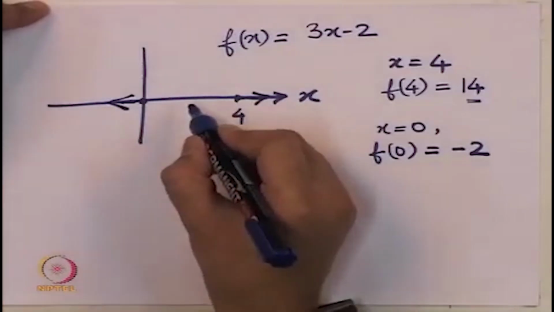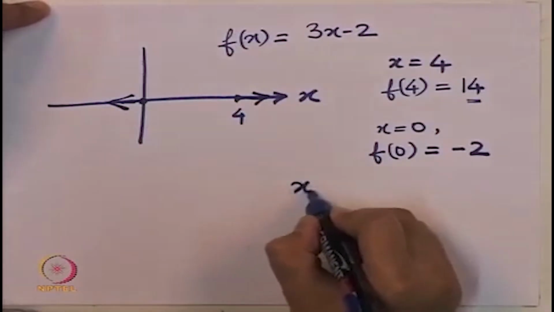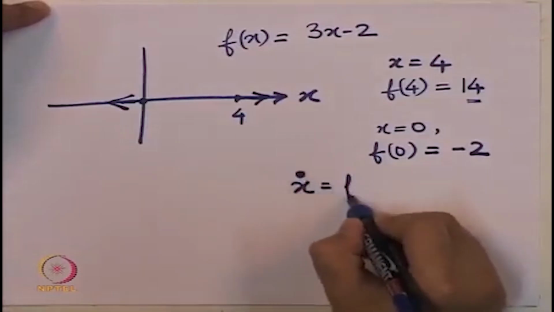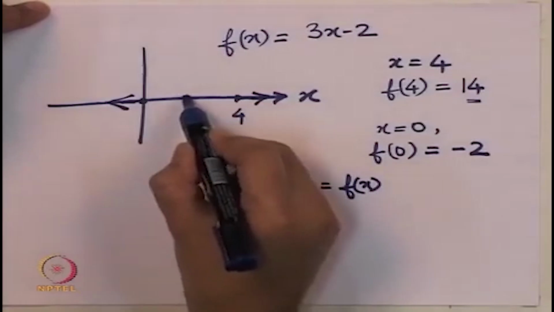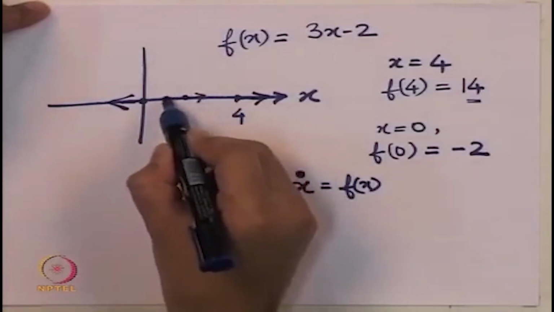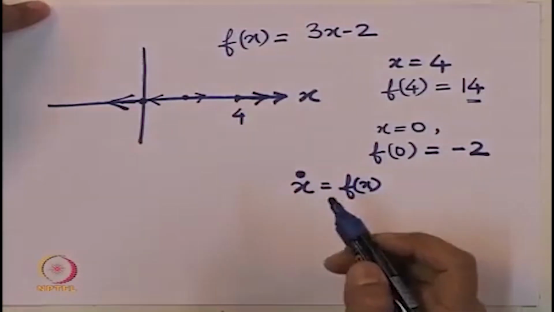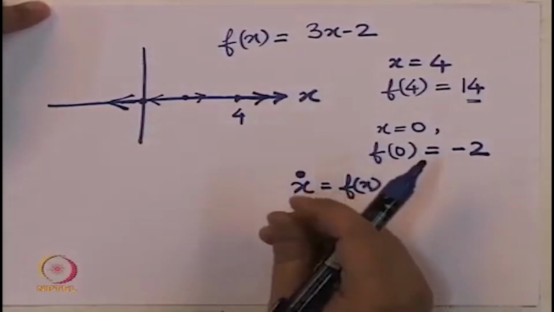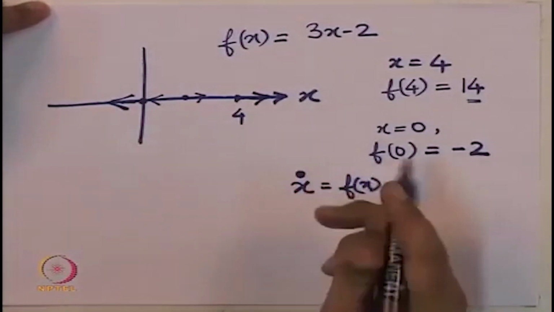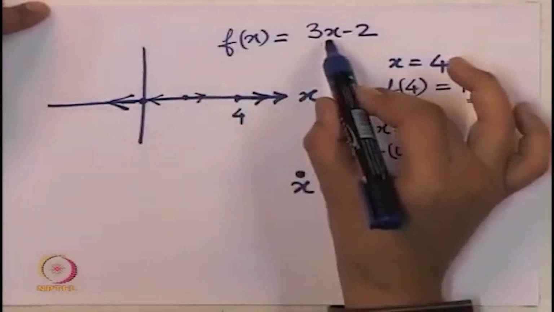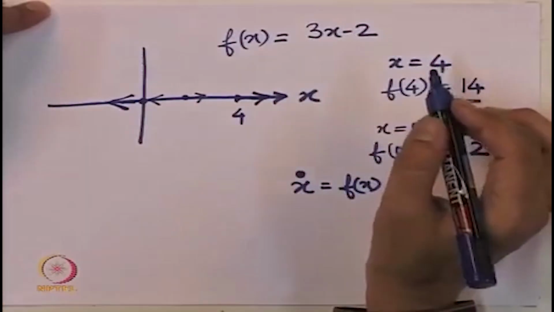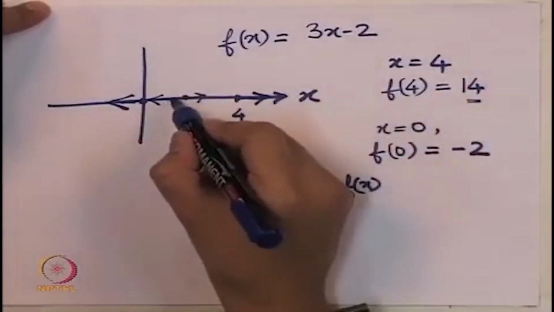So, for a scalar differential equation, x dot is equal to f of x, it means that at each point we can draw a vector to the right or left depending on whether f at that point is positive or negative. So, in this particular situation, we see that f of x is equal to 0 precisely at x equal to 2 by 3.